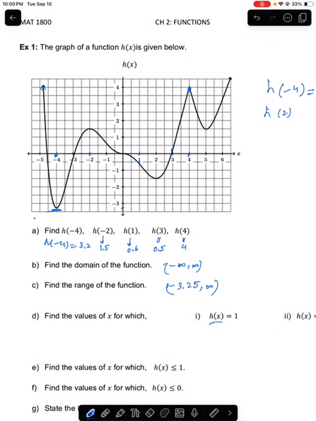What you should do is, if you cannot see them directly, then draw a horizontal line crossing the axes at 1 and read the x values of the points where the horizontal line crosses your graph.